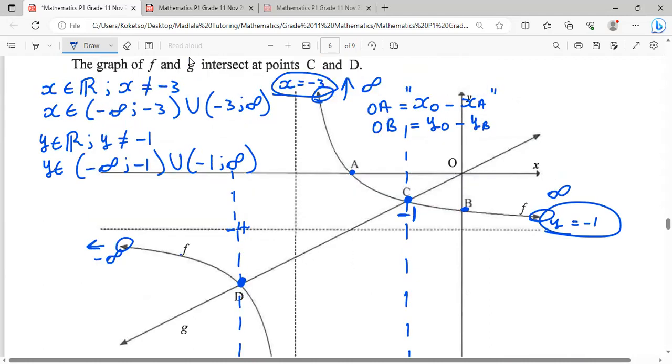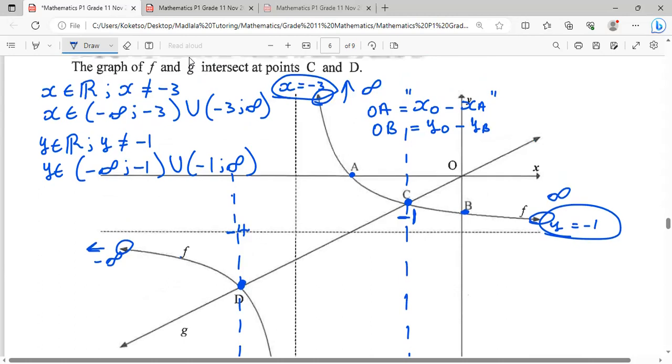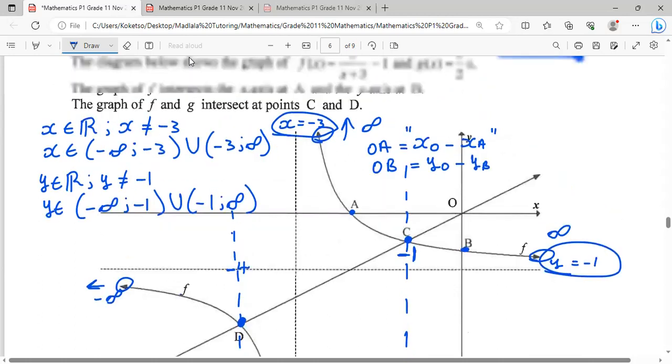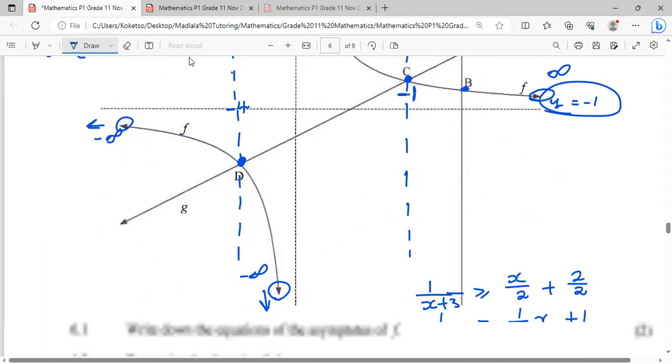What about from -4 to -1? What is happening there? Because we also have an asymptote, we must take it into account. So from -4 up until -3, we see that the function g is above the function f.